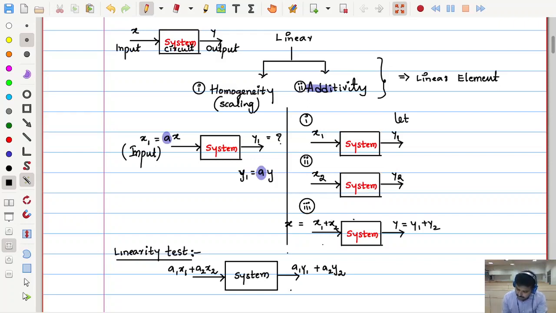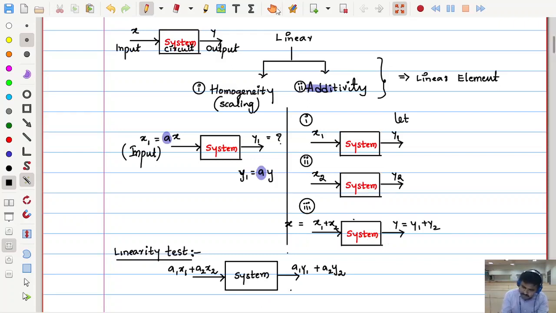Now, when I give these two inputs together at a time, that is, if I choose an input which is x1 plus x2, then it produces some output, let us say y, which will be y1 plus y2.